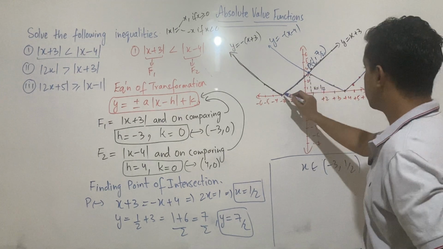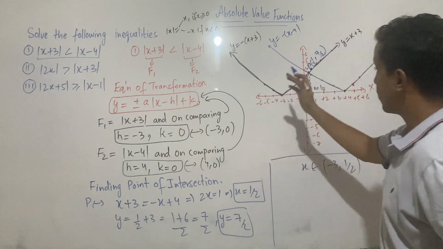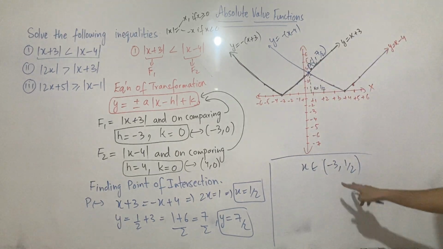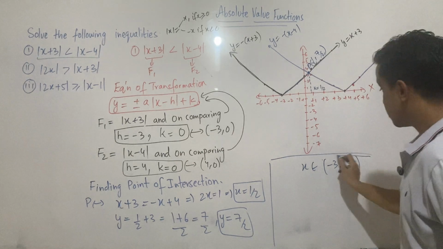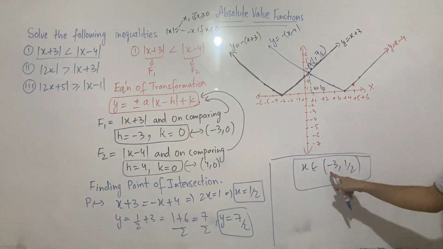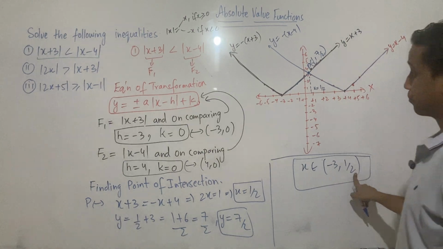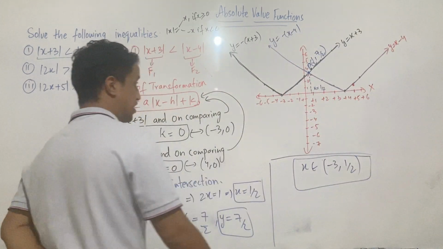From here to here, the black curve lies below this blue curve. So the domain is going to be minus 3 to 1 by 2. Okay, so this is going to be your answer.